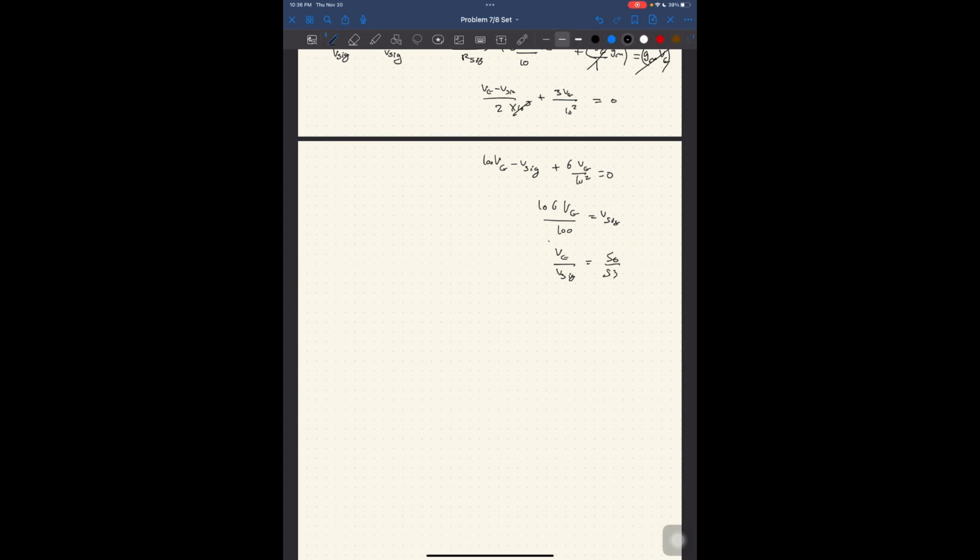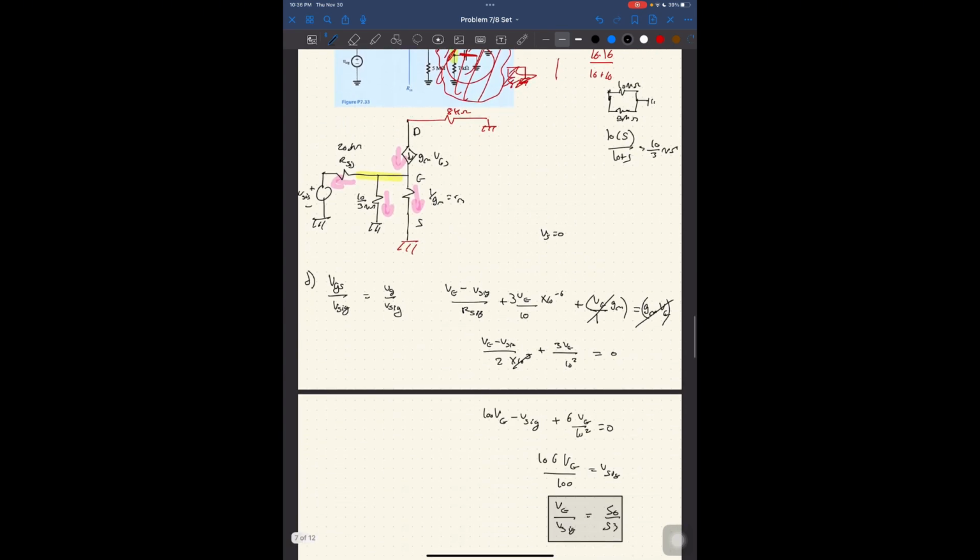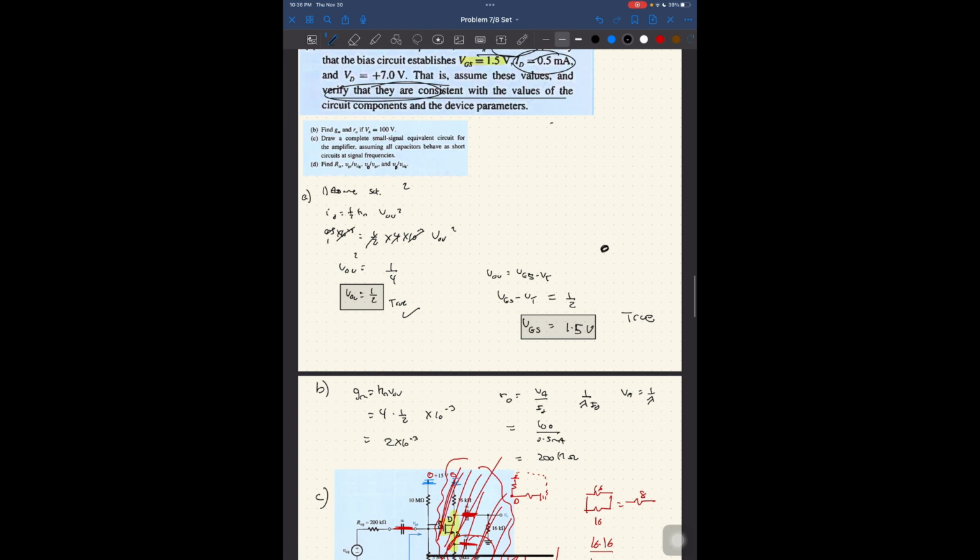So it's going to be about 0.95. So that's part 1, Vg over V sig.